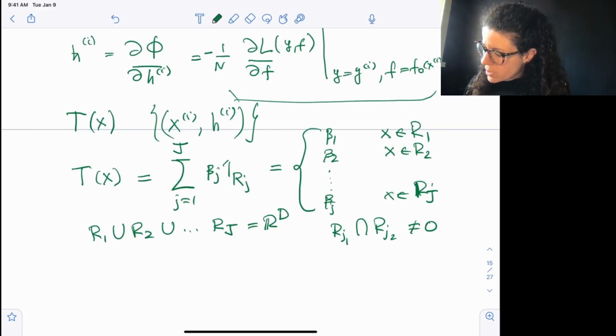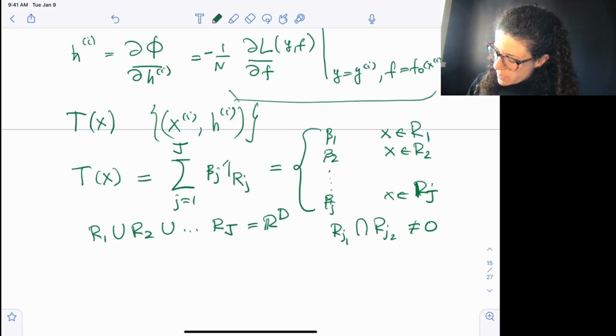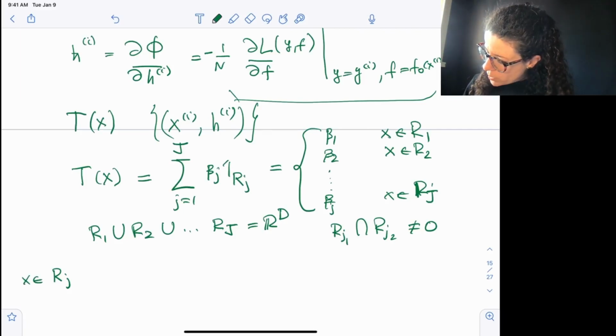So consider one region, the region Rj. Consider how we modify beta j. So for x in this region Rj, we want to find beta j.